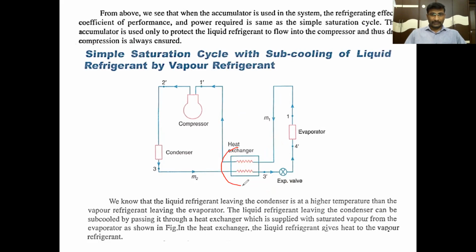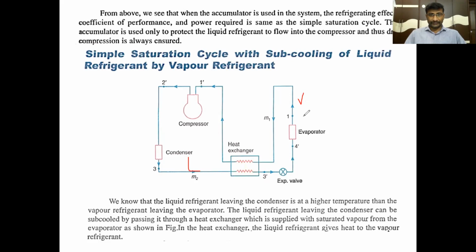Here, the only additional component installed in the cycle, before the expansion valve, is the heat exchanger, in which heat is exchanged between the liquid refrigerant and the vapor refrigerant. There is a cooling of liquid refrigerant by vapor refrigerant here. Clear? We know that the liquid refrigerant leaving the condenser is at a higher temperature than the vapor refrigerant leaving the evaporator.